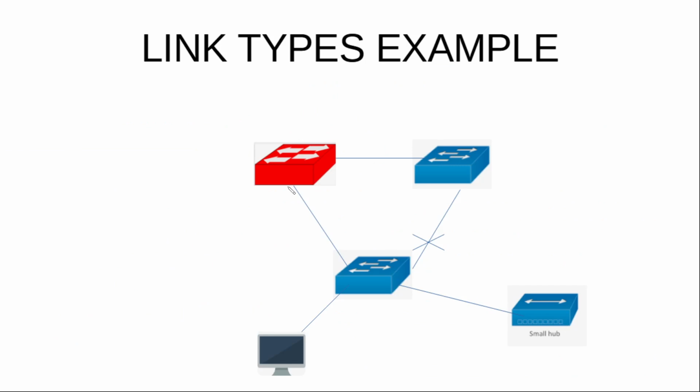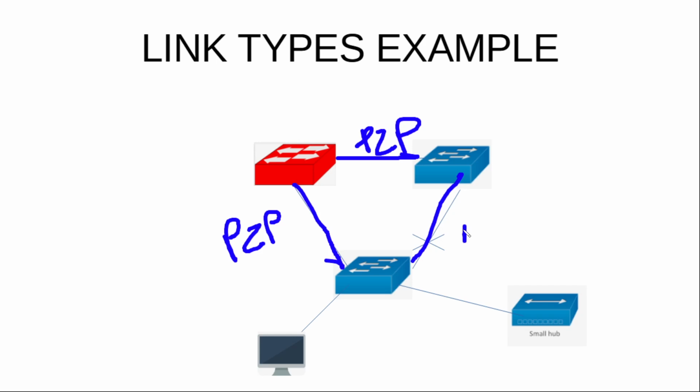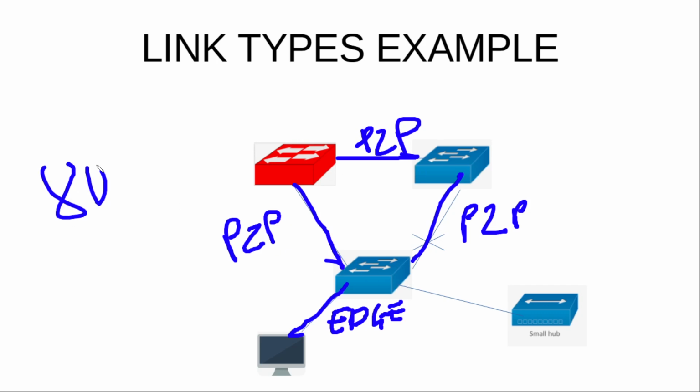So for instance, if we had this topology, this link here will be a point-to-point link, this link here will be a point-to-point link, this link here will be a point-to-point link, and this will be an edge link. If you have an old switch, you have to make sure that these link types are detected correctly, because these link types will execute the 802.1w or rapid spanning tree convergence process.